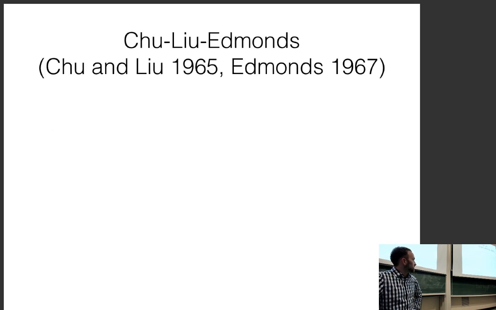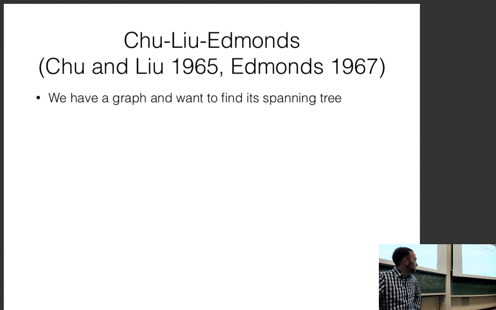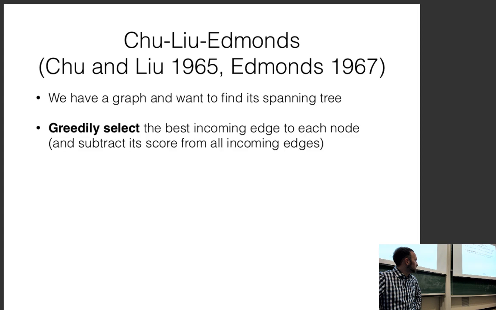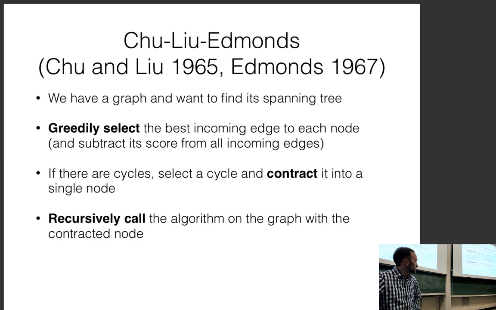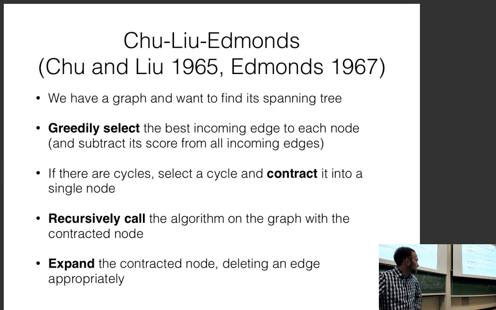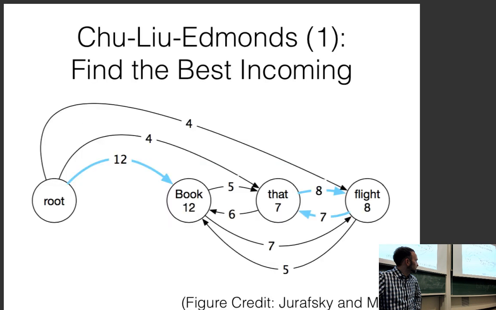So the Chu-Liu-Edmonds algorithm, this was covered well in the reading, so I'll just go through it very quickly. We have a graph. We want to find its spanning tree. So we greedily select the best incoming edge to each node. If there are cycles, select the cycle and contract into a single node and recursively call the algorithm on the graph with the contracted node. Then we expand the contracted node, deleting an edge appropriately.